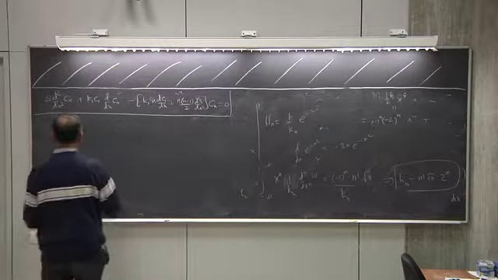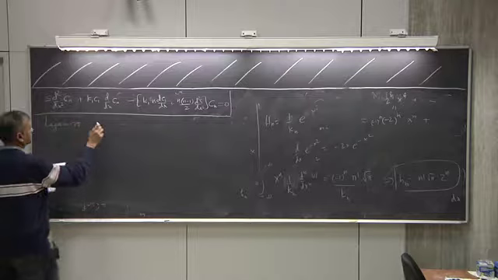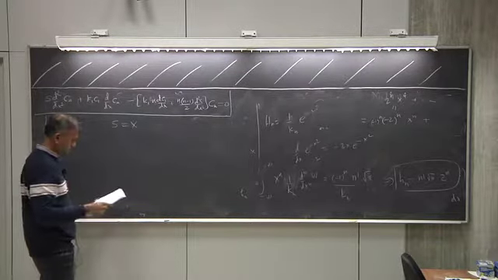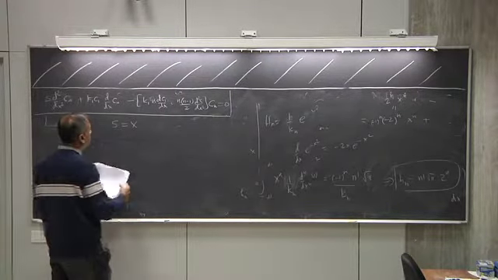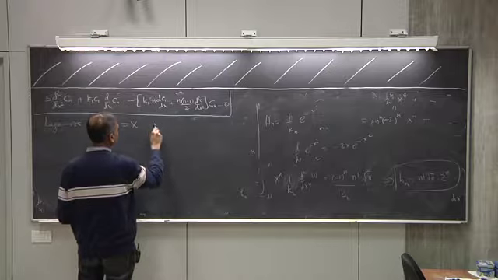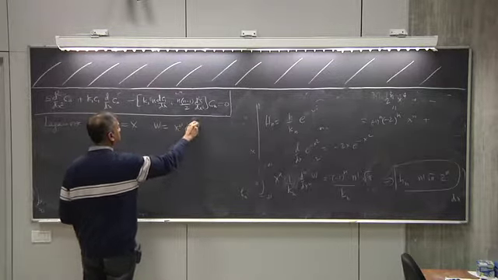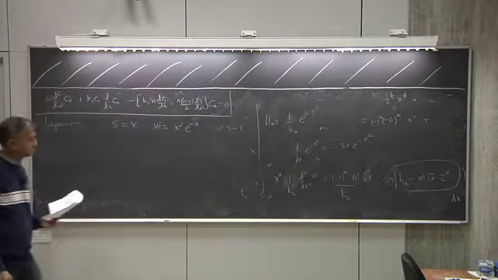Here for Laguerre polynomials, S is x. Was it x or... I don't know, that's up to the convention again. S is equal to x, and W was x to the nu e to the minus x, where nu was greater than minus 1. Right?